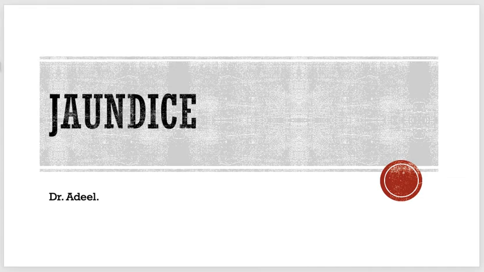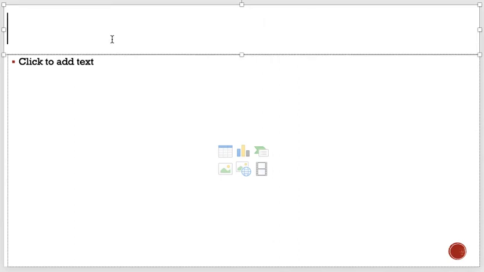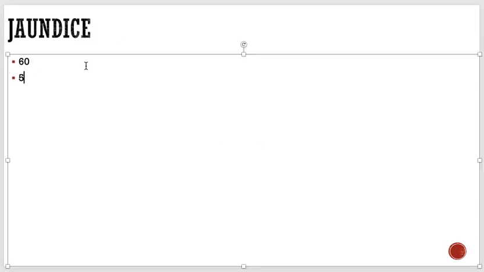So to start with, what is jaundice? Why is it a 5 star topic, or very important topic, guys? Simply because jaundice is a very common thing. Of course, premature babies are more affected by physiological jaundice, but 60% of term babies present with jaundice.